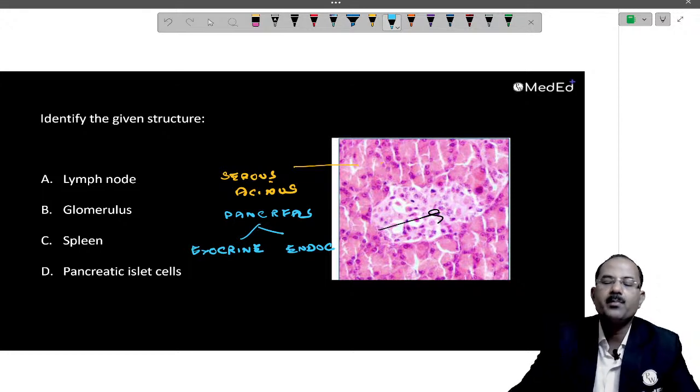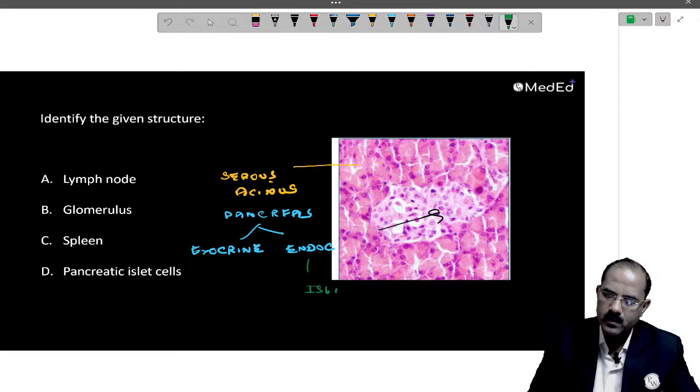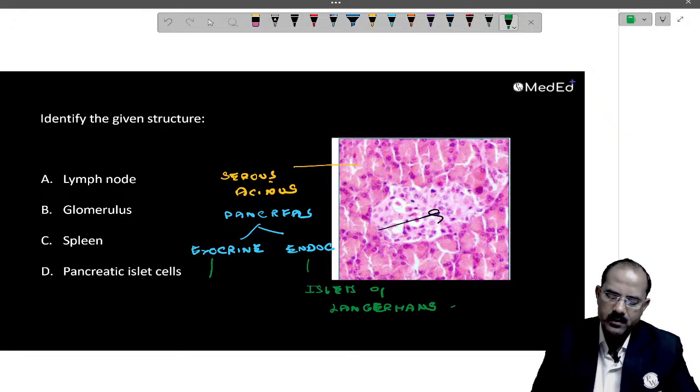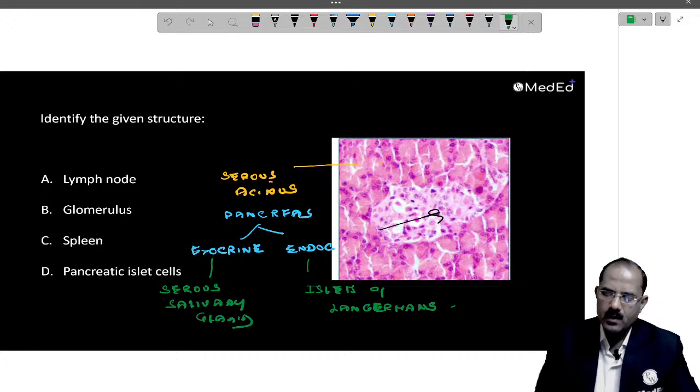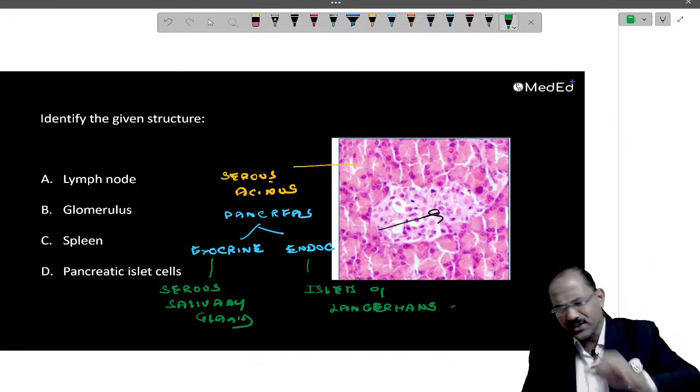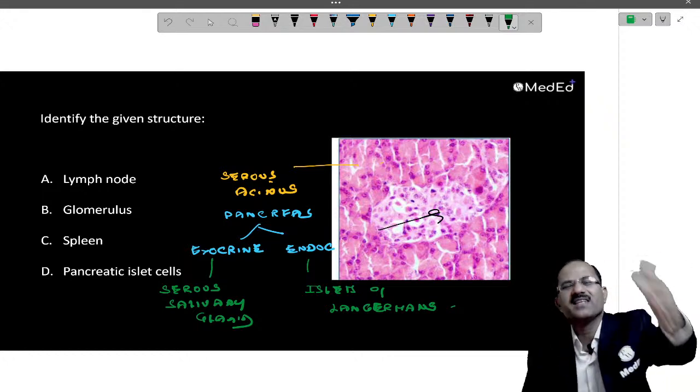So endocrine part represents what? Islets of Langerhans is the endocrine part. Exocrine part resembles a serous salivary gland, so I would be getting plenty of serous acinus here.